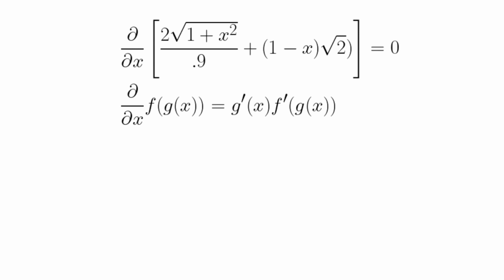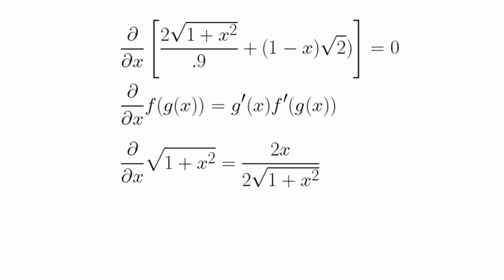Multiply that by the derivative of f taken at g of x. f of x is the square root of x, so the derivative of that is 1 over 2 square root of x. If I put it all together, I end up with g prime of x, which is 2 times x, times f prime of x, which is 1 over, in the denominator, 2 times the square root of 1 plus x squared.